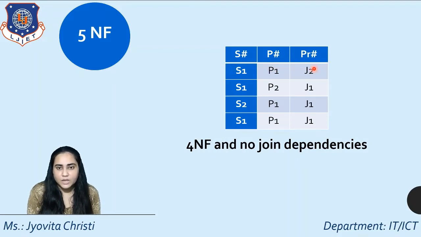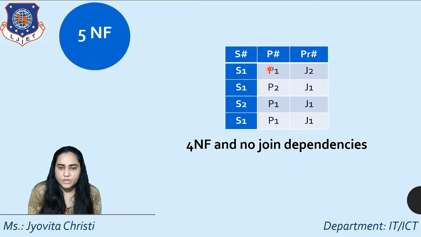This is a table once again taken from an auto parts database, so it's a very small sample of the database. It tells you which supplier is supplying which part and which project it's being used for. It's a very simple table, and it serves the purpose of understanding 5NF.